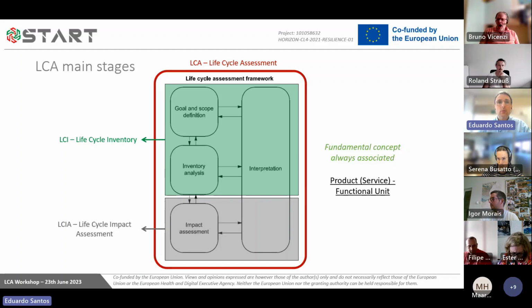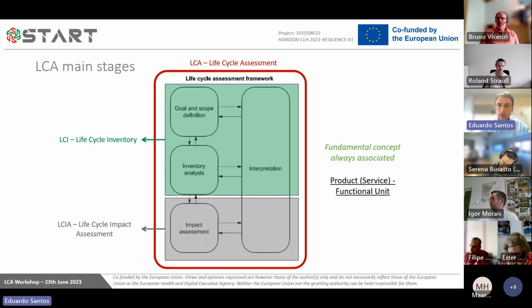And that is the way that we can then measure and have an indicator about that product and how it should compare with other products or with different products, but with similar functions. So that is why we need always to have a functional unit for every LCA that we do.